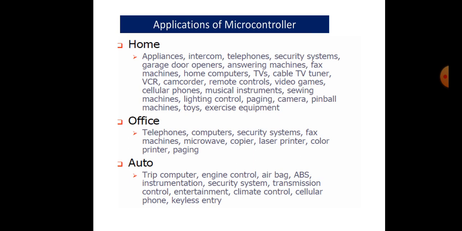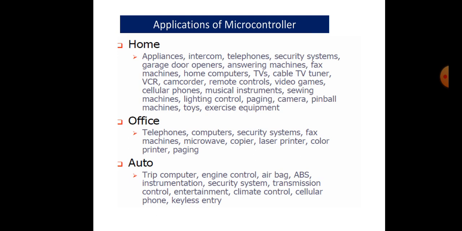So you can take any of your applications, either in the home or office automation devices like computers, fax machines, copiers or laser printers, where we have the microcontroller. Even in automobiles, a microcontroller has applications like the anti-skid braking system, ABS, security system, keyless entry, entertainment systems, or engine control.